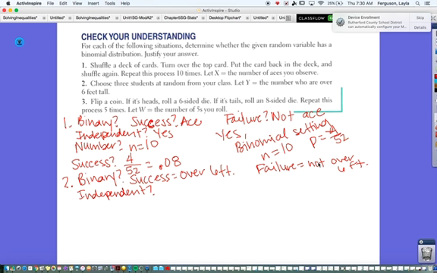Once we have a person, that person does not go back into the class so that we can choose from them again. We wouldn't choose that same person all 3 times. So this would be not independent. And because we couldn't answer that this was independent, we failed to answer all 4 questions, and that means that this is not a binomial setting.